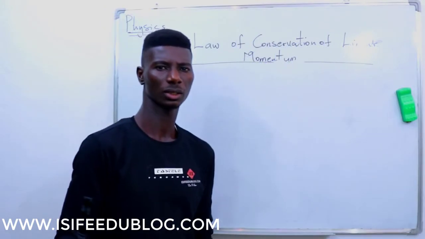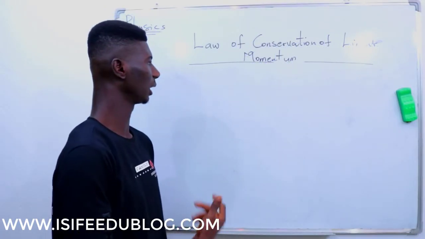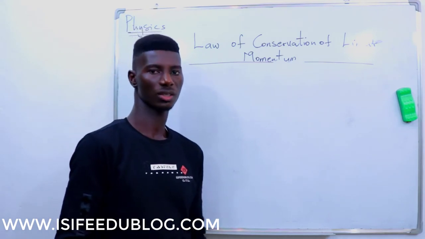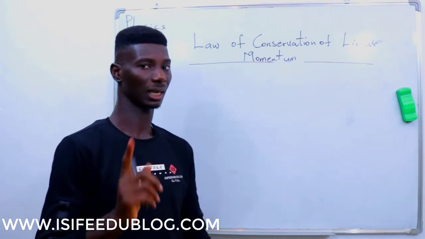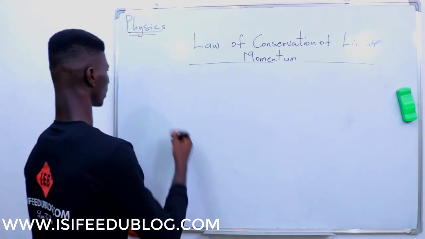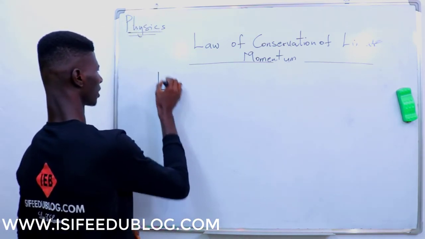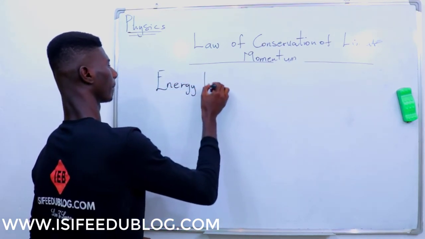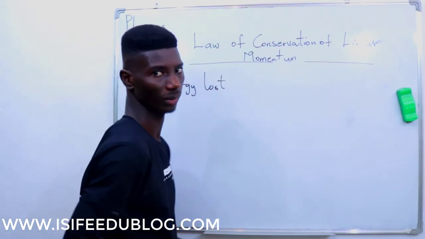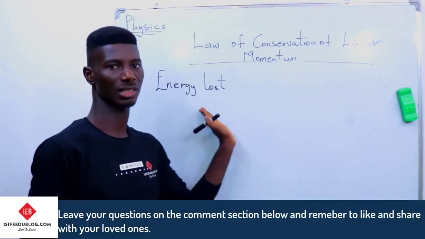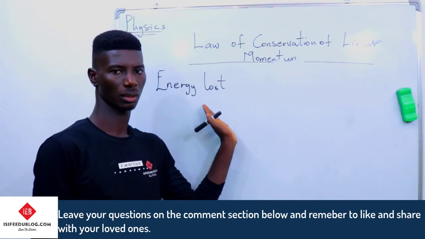Let me quickly talk about the energy loss, because remember, energy loss can only occur in an inelastic collision. Energy loss only in an inelastic collision. So they can ask you to calculate the energy loss. This can only occur in an inelastic collision because energy is not conserved in inelastic.